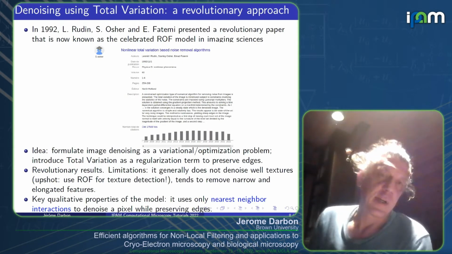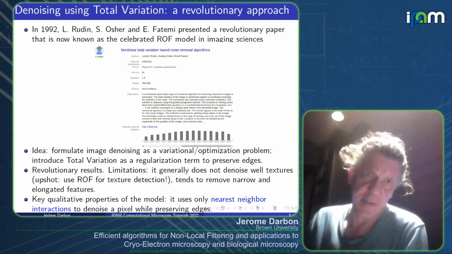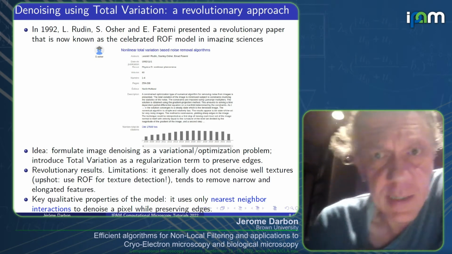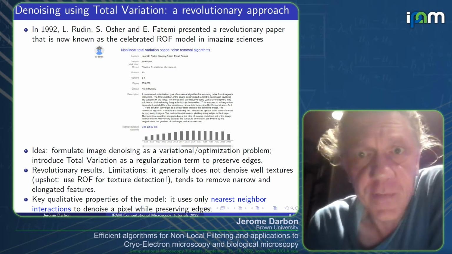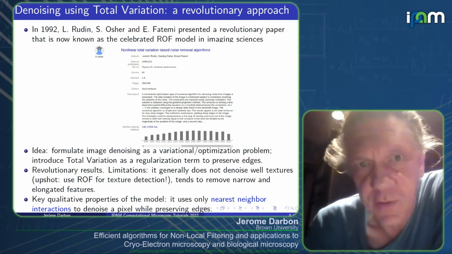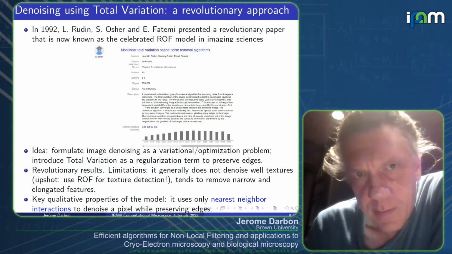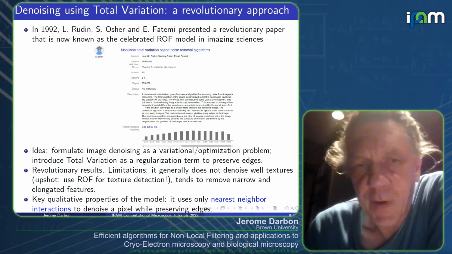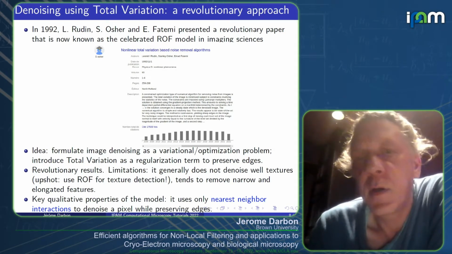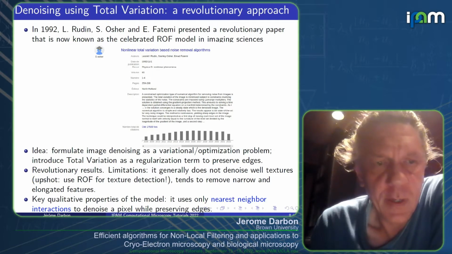So, I'd like to mention two papers that revolutionized image processing. The first one, in my opinion, is due to Stan and his co-authors about the Rudin-Osher-Fatemi model in imaging sciences. So this is how total variation was introduced in image processing. The idea of that paper is to formulate image denoising as what we call a variational problem, and after discretization, it yields an optimization problem.